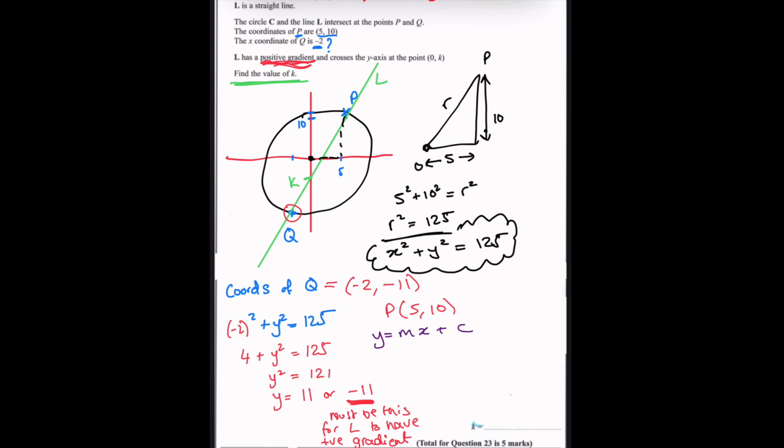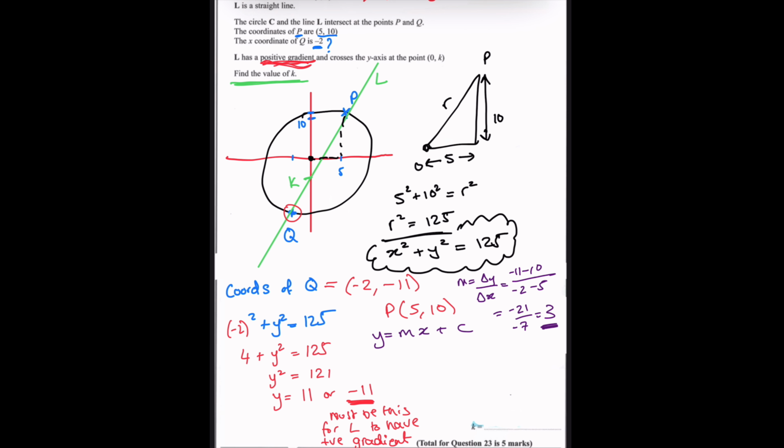And the gradient for y equals mx plus c, we can find very quickly by doing y minus y1, change in y, divided by x minus x1, change in x. So the gradient gives us -11 minus 10, divided by -2 minus 5, which is -21 over -7, which is just 3. So the gradient is 3.